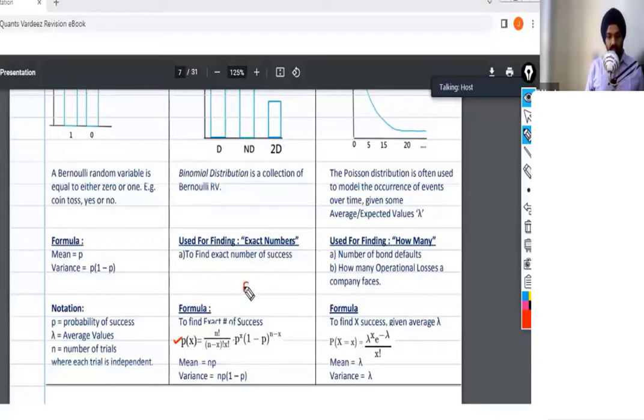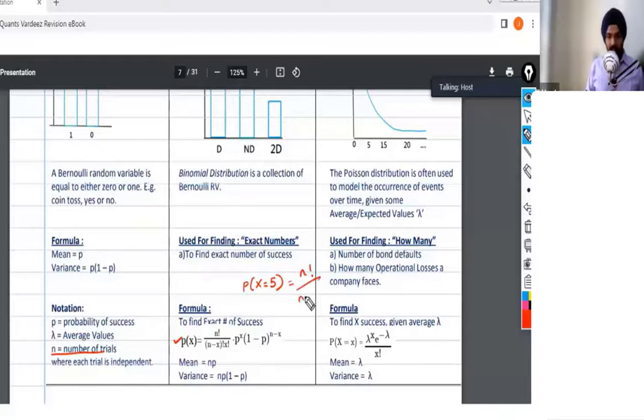So basically, if you want to find the probability that x is equal to 5 when you roll a dice, exactly it should land upon 5, you need to know in how many ways you can do that. The n is the number of trials. So how many trials are you doing? Are you doing it 5 times, 4 times, 3 times? You need to define your n.